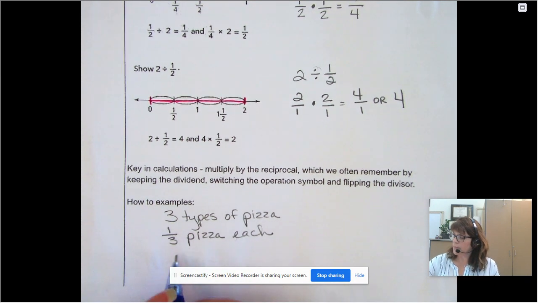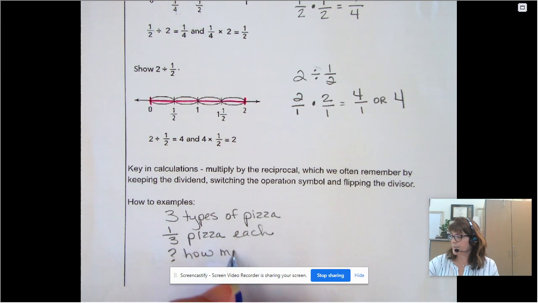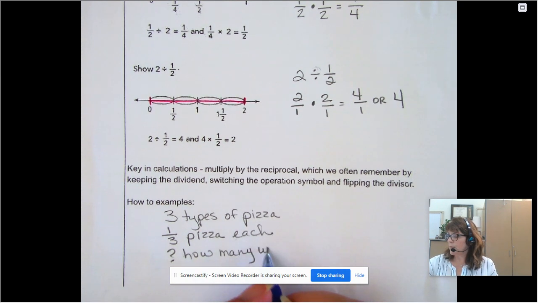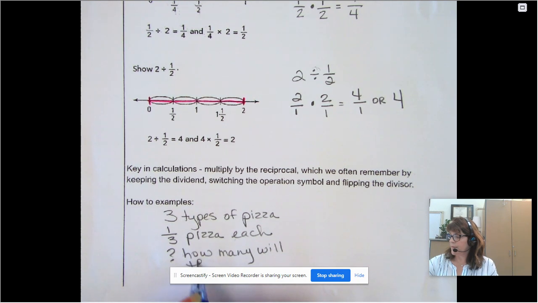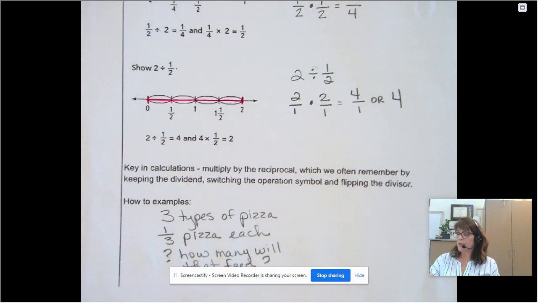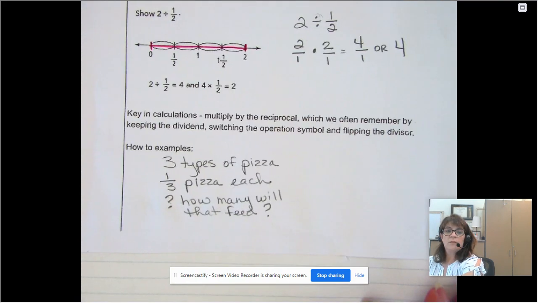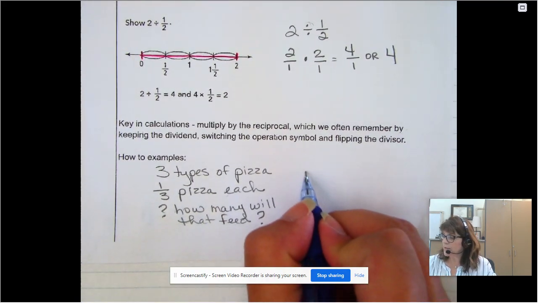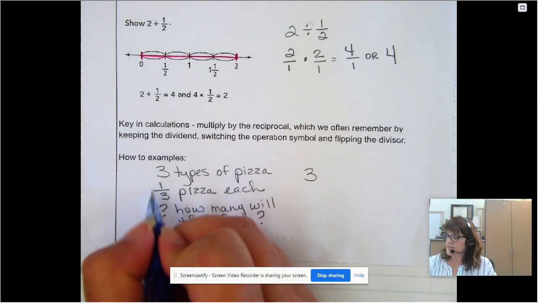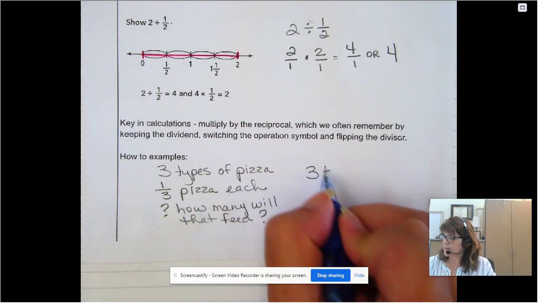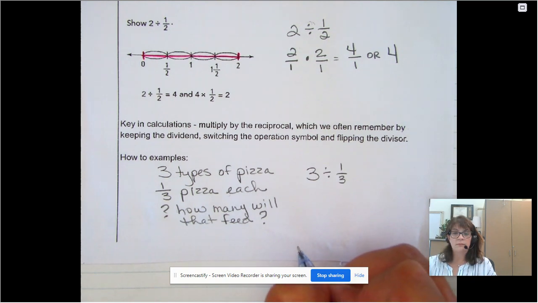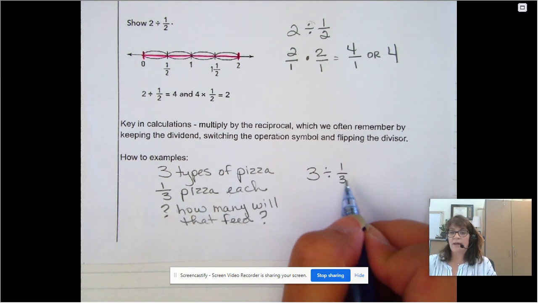I need to know how many will that feed? Okay, so that's the part I'm missing. So I have a total of 3. I need to divide it into this size.